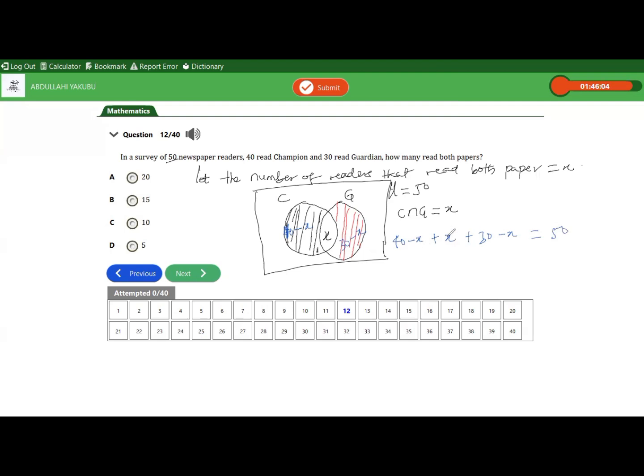Now we make X the subject of the formula. I have 40 plus 30 minus X, which is equal to 50.